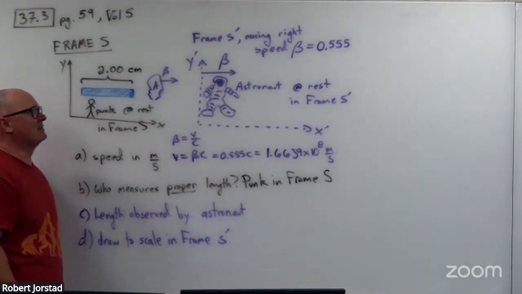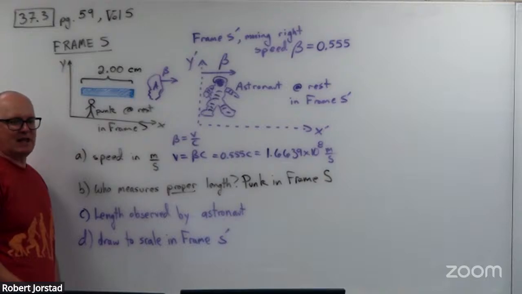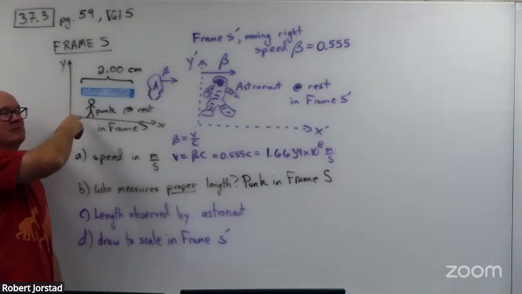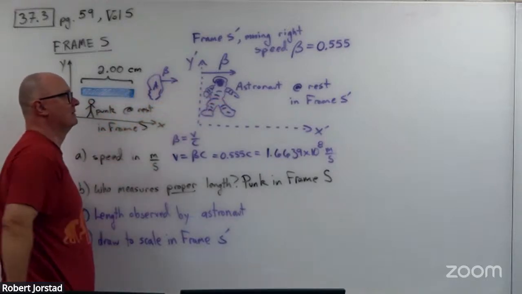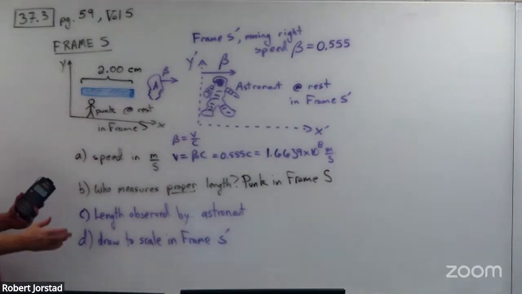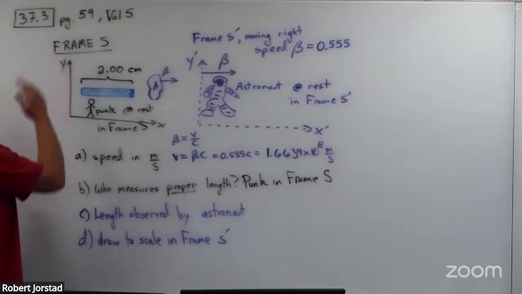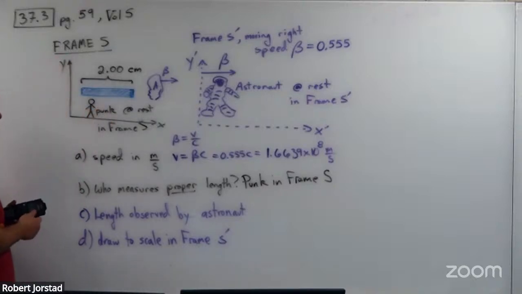A lot of times the unprimed frame is the at-rest frame and the primed frame is the moving frame. But you'll notice in the last problem, I think I had the primed frame in black and it was over here, and the unprimed frame was over here in purple or something. So always pay attention. And in this case, frame S is at rest relative to the rod. That measures the proper length.